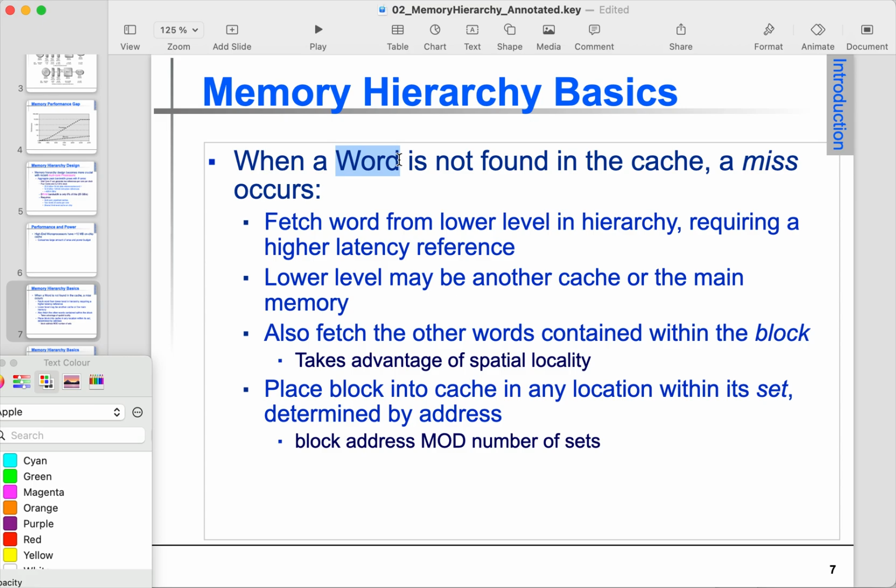We will also fetch the other words contained within the block, and will take advantage of the spatial locality. We would place the block into the cache in any location within its set, which is determined by the address.